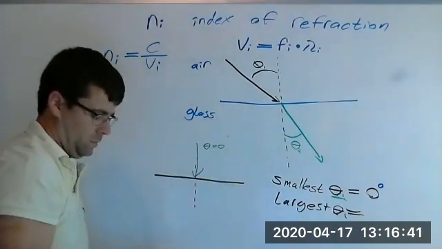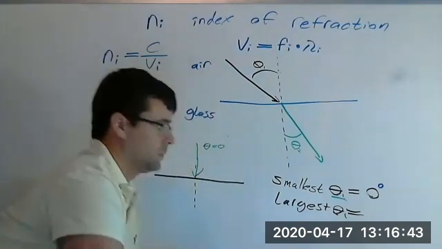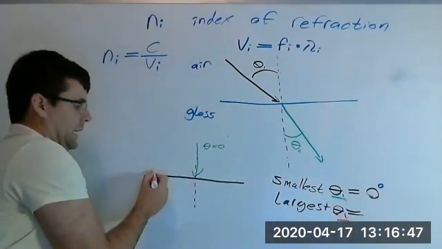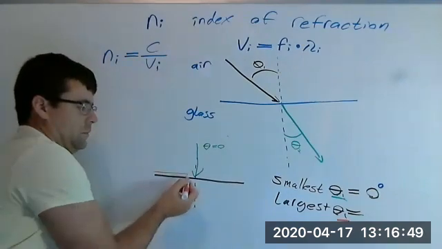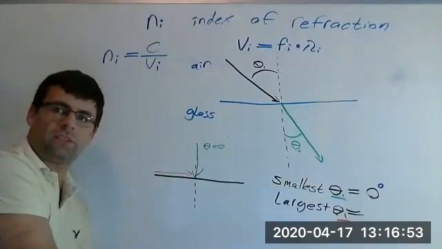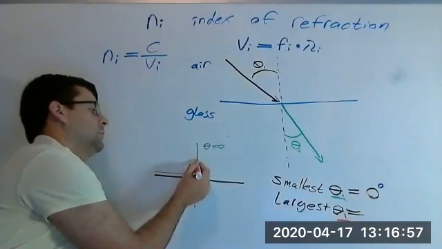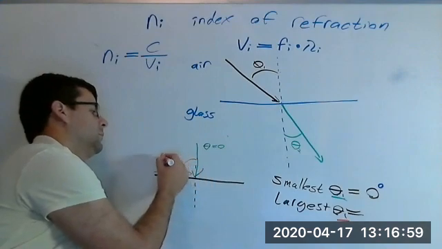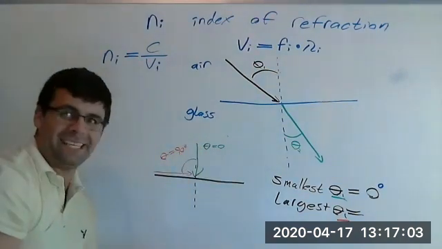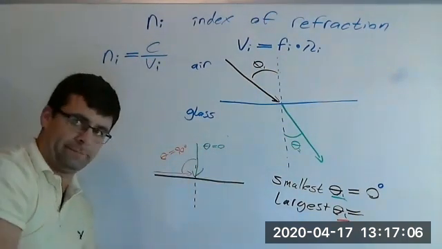So like that. So it'd be perpendicular. Okay, 360. What's theta? 90. 90. Why is that the most theta could be?